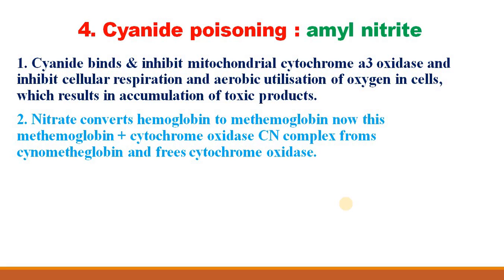As I already told you, cyanide binds to the ferric ion, and there will be formation of a complex of cytochrome oxidase and cyanide. Nitrites convert hemoglobin to methemoglobin, and now this methemoglobin will combine with the cytochrome oxidase cyanide complex.